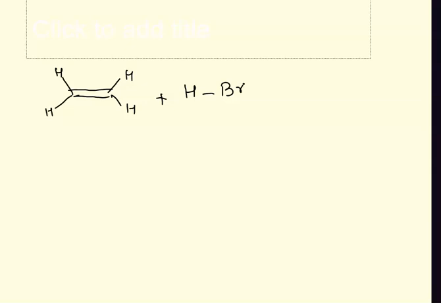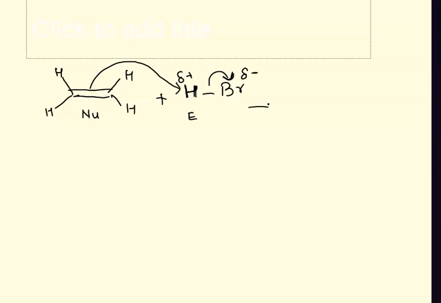Now, Br is more electronegative than hydrogen, so it pulls the electrons towards itself, and we show a full arrow because it's pulling both the electrons towards itself, making this slightly delta negative, and at the same time the hydrogen becomes slightly delta positive. So here we have an electrophilic hydrogen, and here we have a nucleophilic pi bond, right? So we have a nucleophile and an electrophile. Arrows are drawn always from a nucleophile to an electrophile.